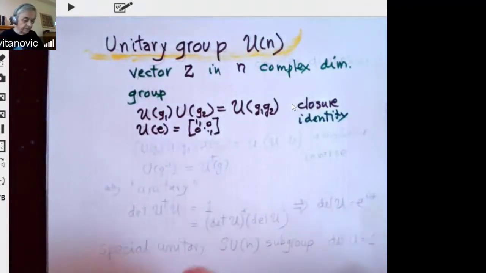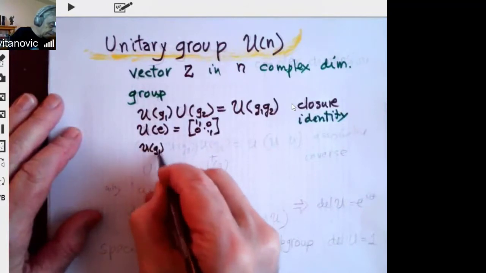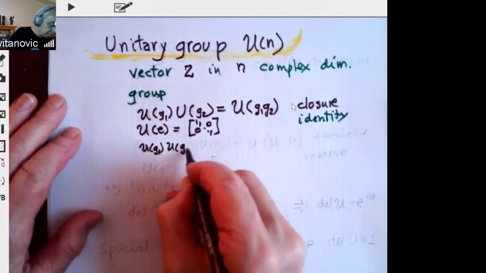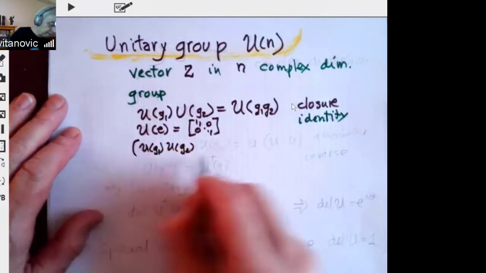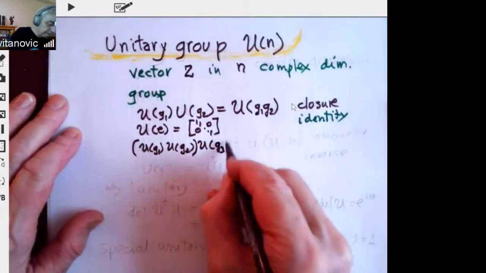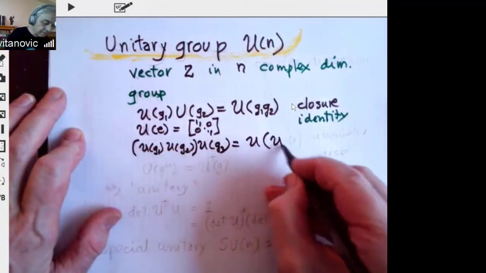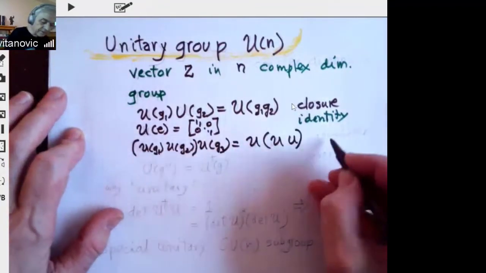Now, it's associative because if I take U of G1, U of G2, I multiply them, and I multiply them by the third unitary operation, that's the same as U in the other order, so it's associative.